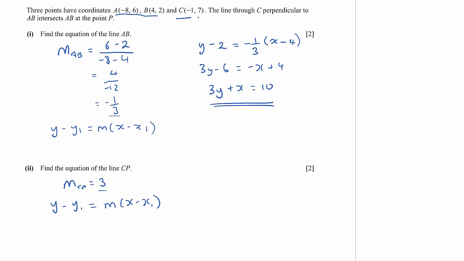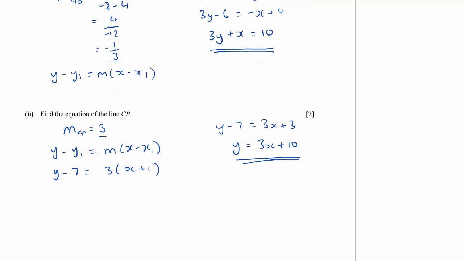And C is the point we need to use here. So y take away 7 is going to be 3(x take away -1), which is x plus 1. So we can say y take away 7 equals 3x plus 3. So let's have that as y equals 3x plus 10.